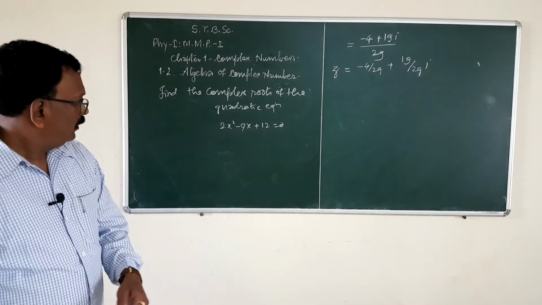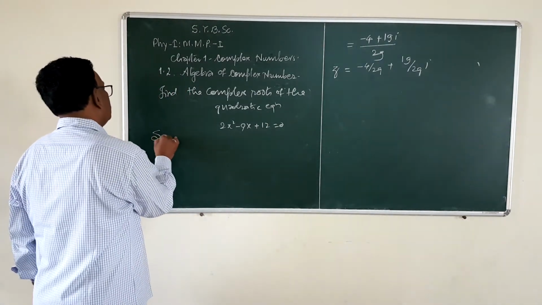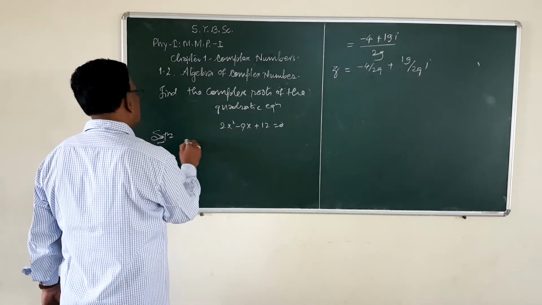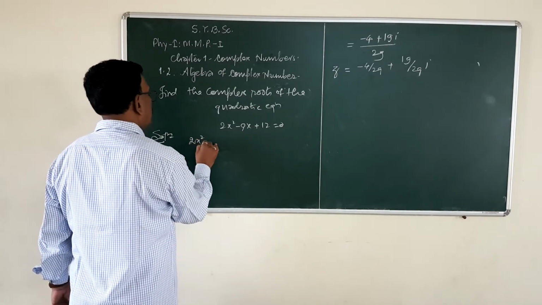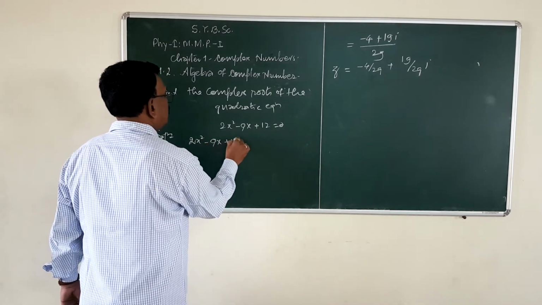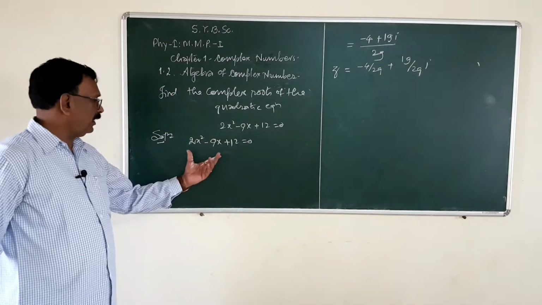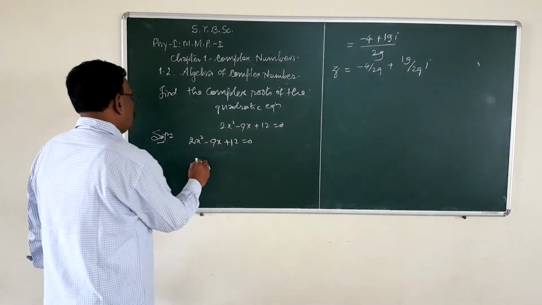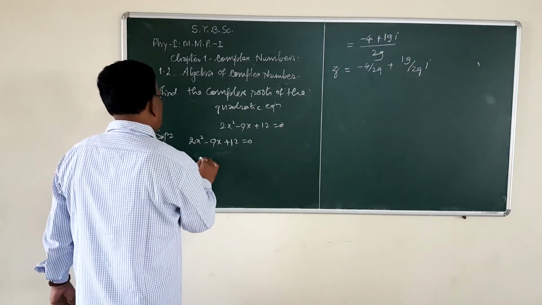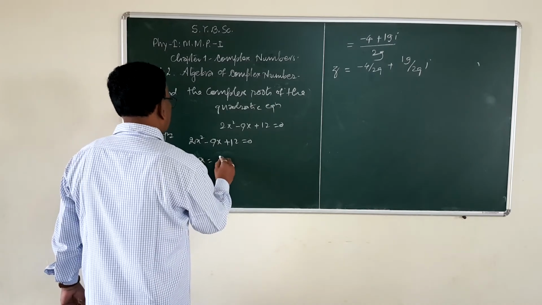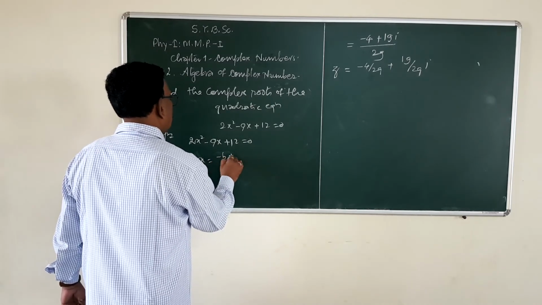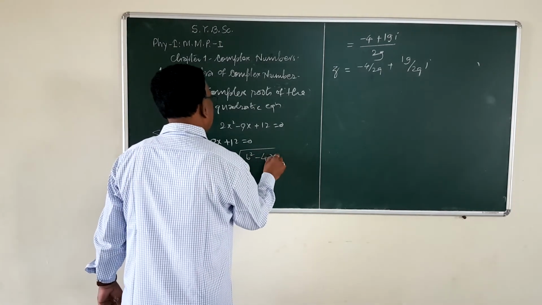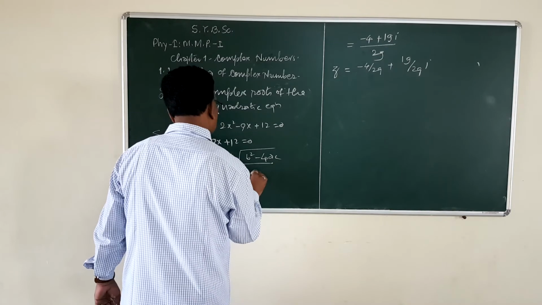Here, solution. Consider the quadratic equation 2x square minus 9x plus 12 is equal to 0. To determine the complex roots of this quadratic equation, we have to consider x is equal to minus b plus minus under root b square minus 4ac upon twice a.